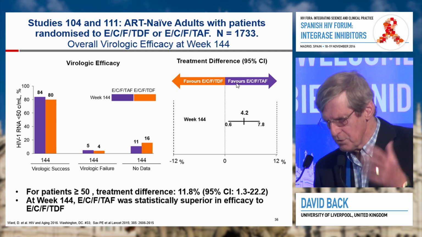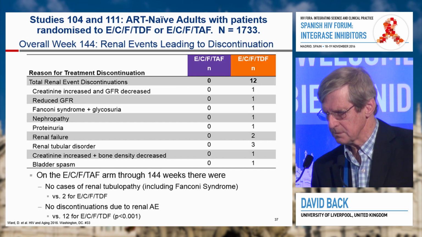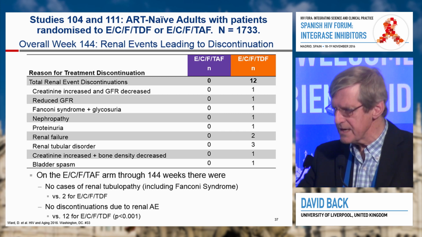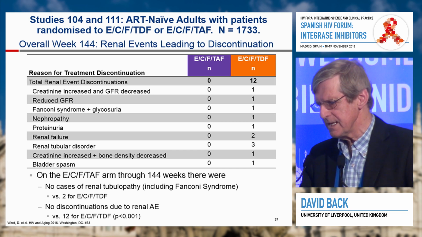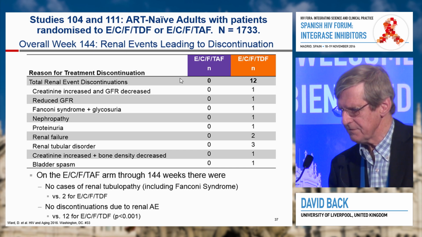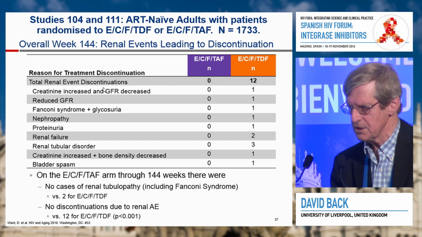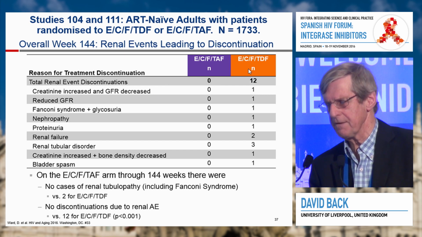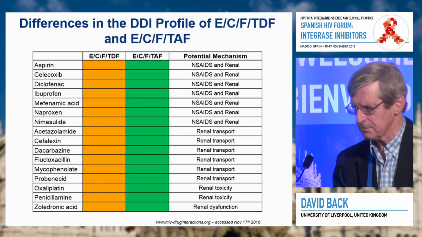So we have a new formulation or a new regimen with TAF in that regimen. And in the 104 and 111 studies, if you look at the renal issue, if we're relating pharmacology to the renal issue, then with ECF-TAF, there were no discontinuations for renal events compared to 12 discontinuations for total renal events with ECF-TDF. So there is a difference between the TAF and the TDF.